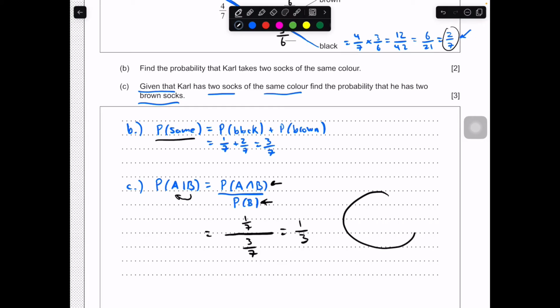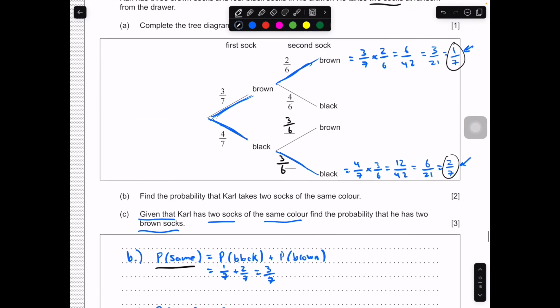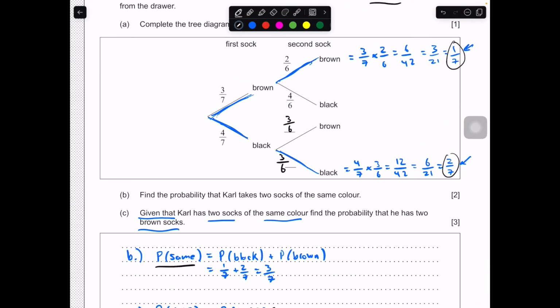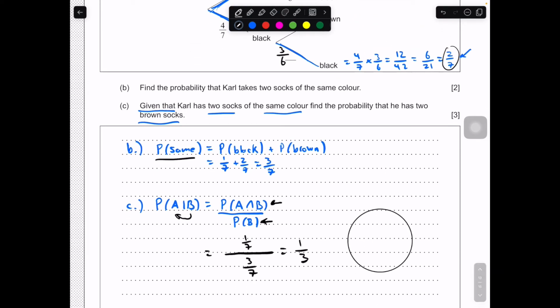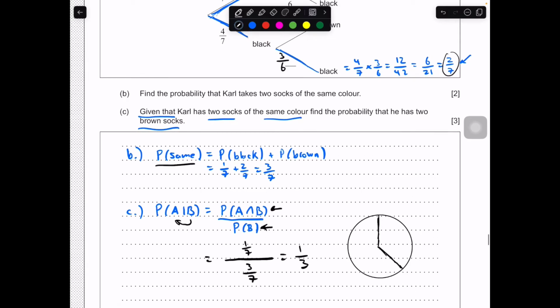I'm going to try to show an example. These are the total socks that he could have if he selects 2. He could get brown black, he could get black brown, and so on. 3/7 of the time, he's getting two of the same color.